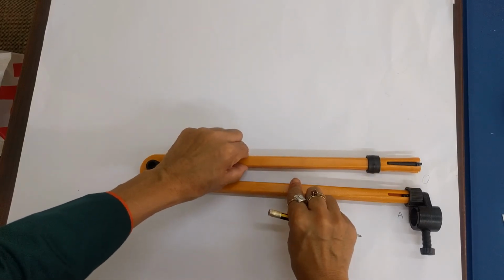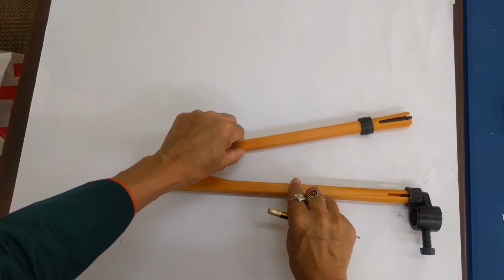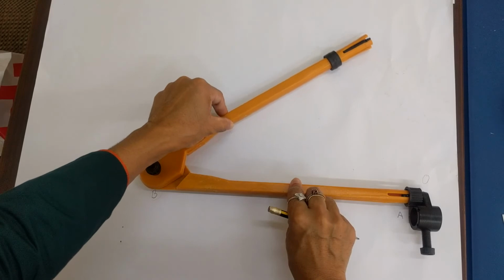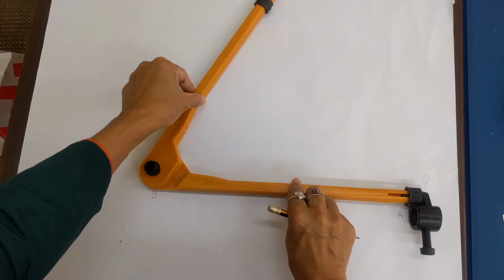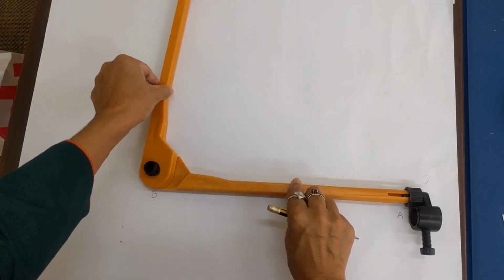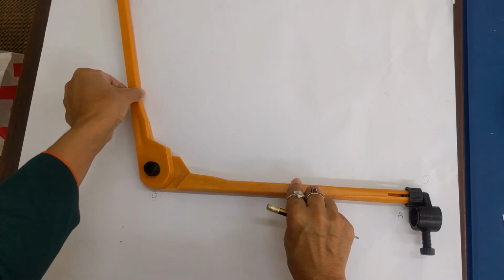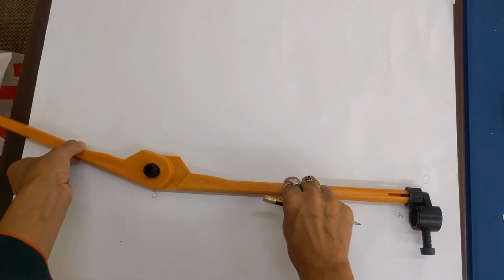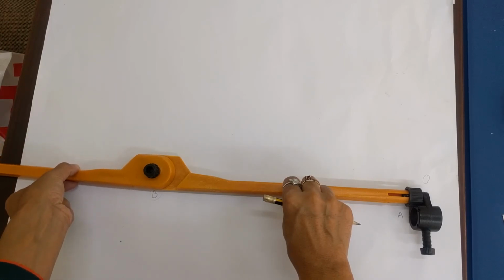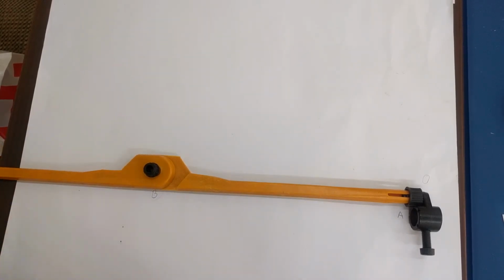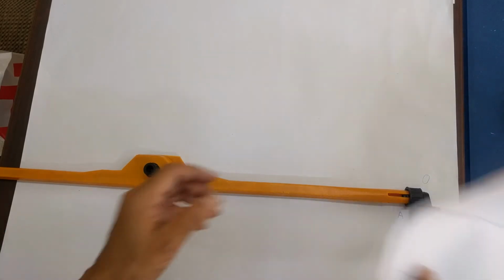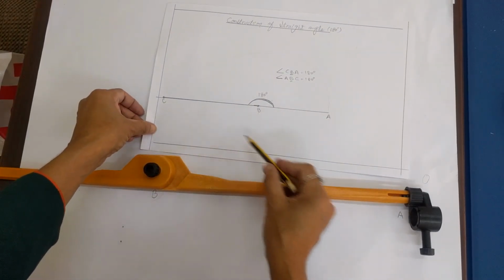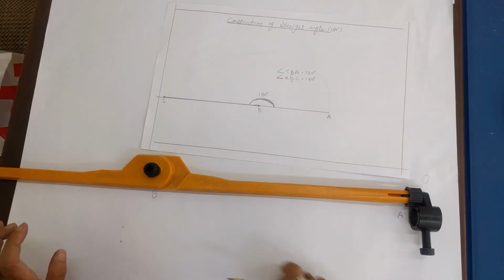To get the 180, your arm of the angle starts the movement like this, and we are moving this arm till the degree 180 like this. This one is the movement of the arm. That's why we are getting this straight line. This one is the actual movement of the arm.